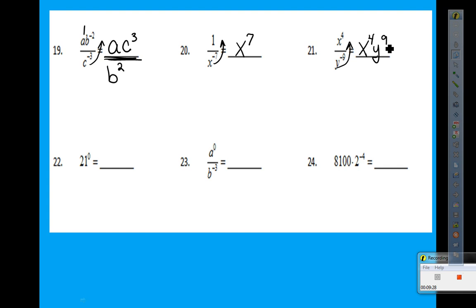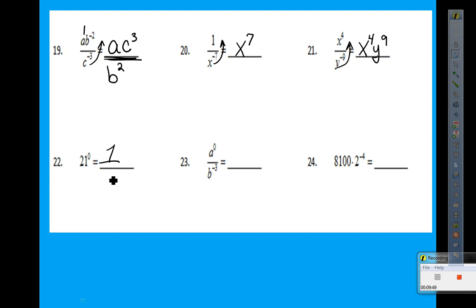Now what I had them do on number 22 is I had them type any number in the whole wide world into their calculator and raise it to the power of 0. And everybody in the class, even though they might have used different numbers, came up with the same answer, which is 1. Anything to the power of 0 is 1.